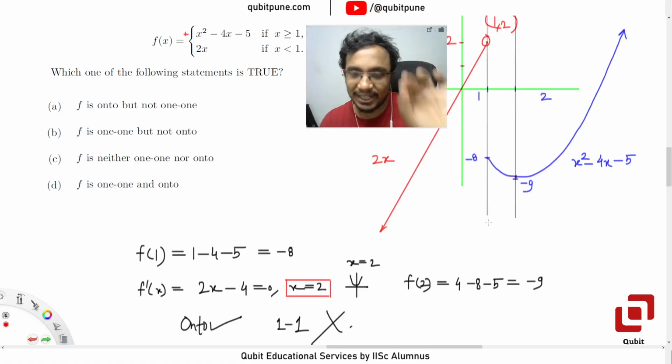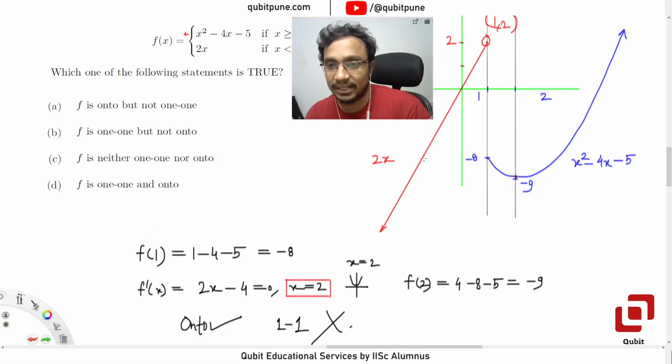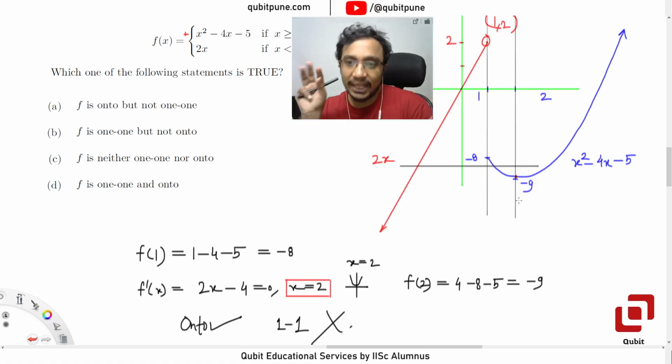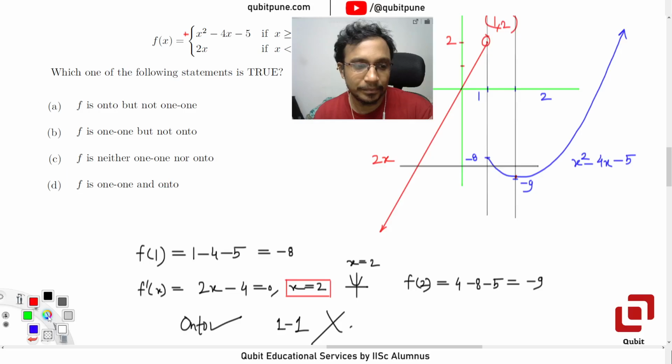There itself you should realize that this function cannot be on 2. Okay, this function cannot be on 2 because if I draw a line parallel to y-axis, it is meeting the curve at 2 different points, telling you कि डोमेन में 2 ऐसे एलिमेंट्स हैं जो जिनका इमेज एक ही है, and hence it cannot be on 2. Okay, तो D चला गया. और सॉरी 1, 1 नहीं हो सकता. My bad, let me take it back. It's 1, 1, 1. तो F is 1, 1 नहीं हो सकता.